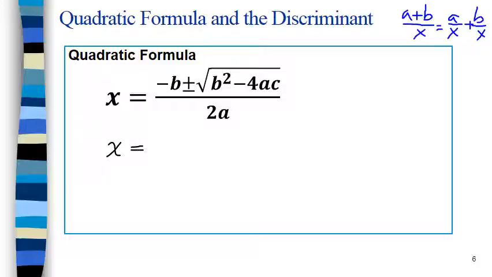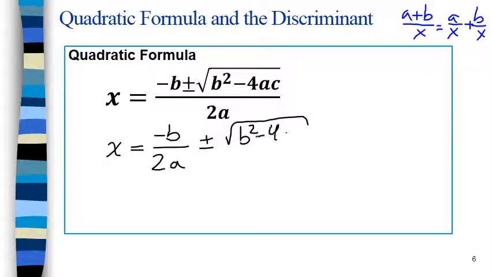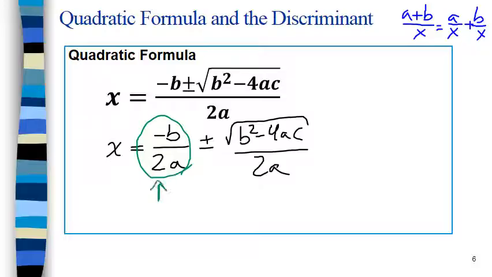But we can think of the quadratic formula as negative b divided by 2a plus or minus the square root of b squared minus 4ac all over 2a. And I hope some of this looks familiar. This is the axis of symmetry.